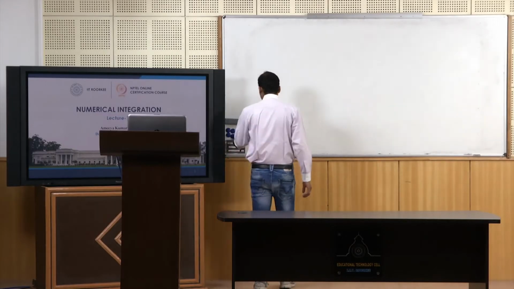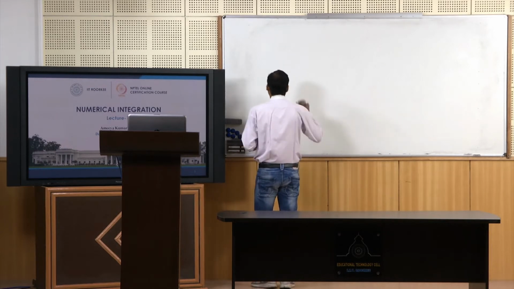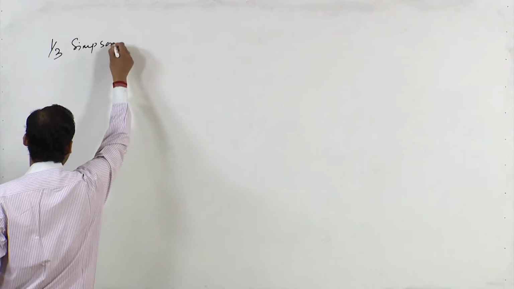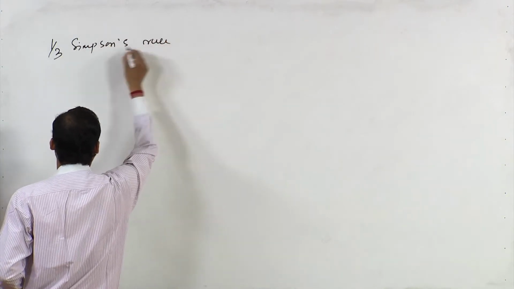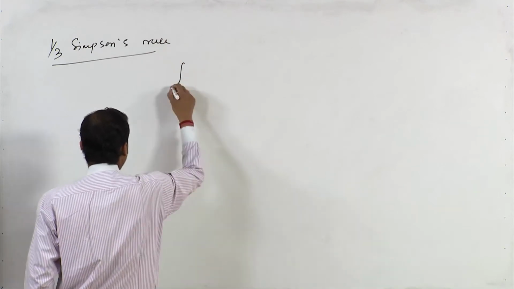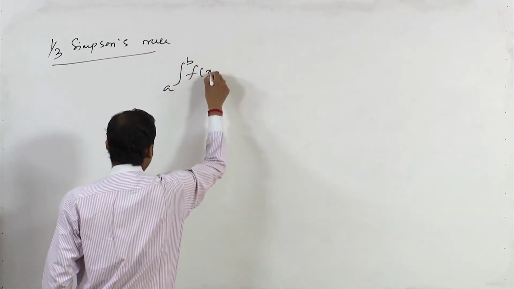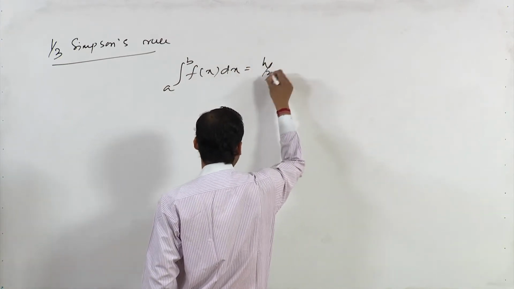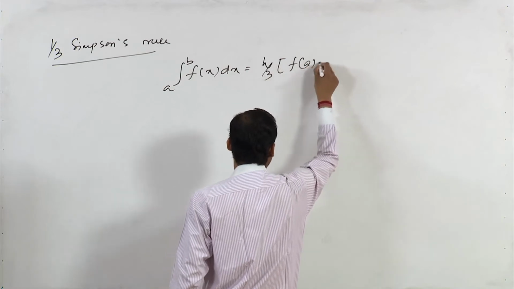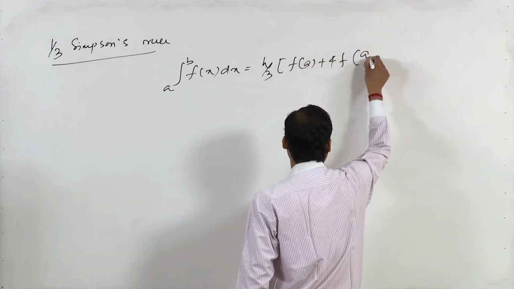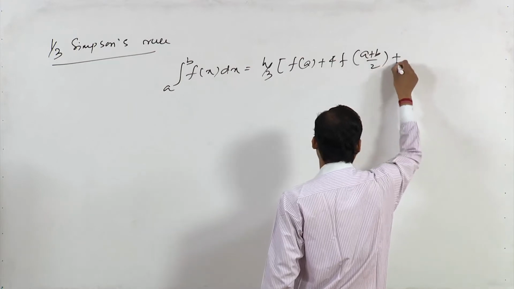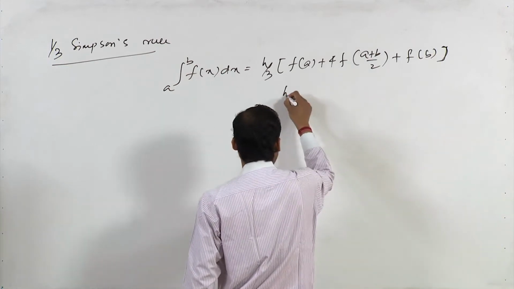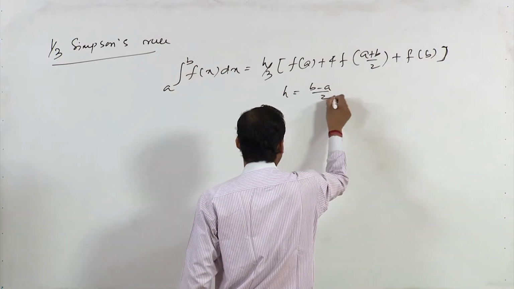There itself I have written this formula, this 1/3 Simpson's rule, as integration a to b f of x dx. This can be written in the form h/3 [f of a plus 4 f of (a plus b)/2 plus f of b], where h can be defined as (b minus a)/2 here.